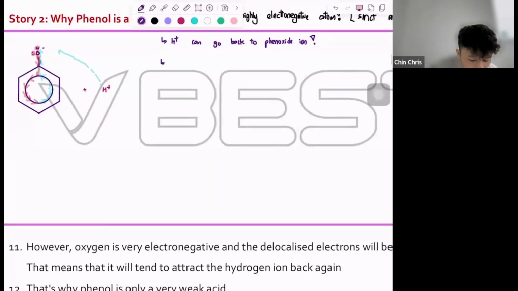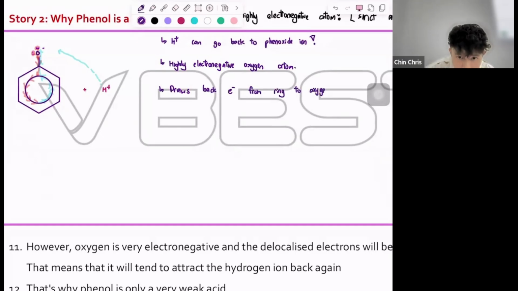Thanks to the highly electronegative oxygen atom, it draws back the electrons from the ring to the oxygen atom, and eventually your O minus and H plus will combine, reforming a phenol.